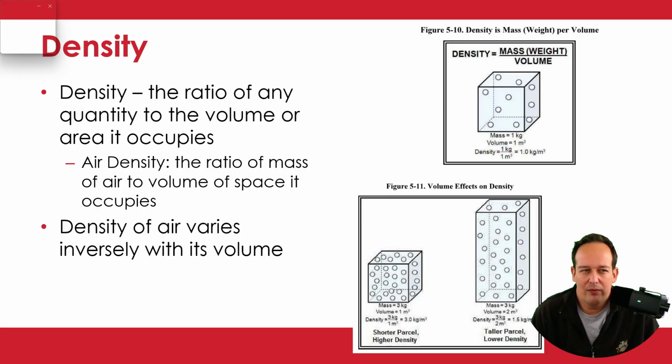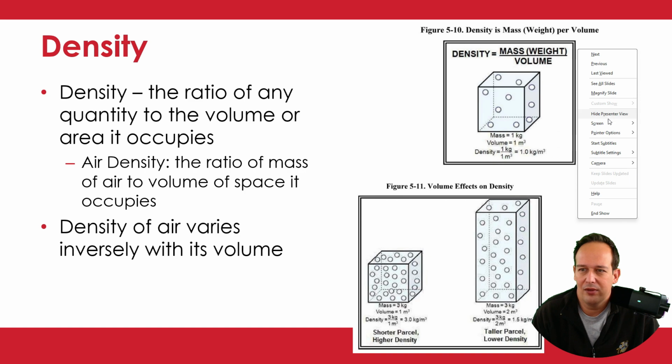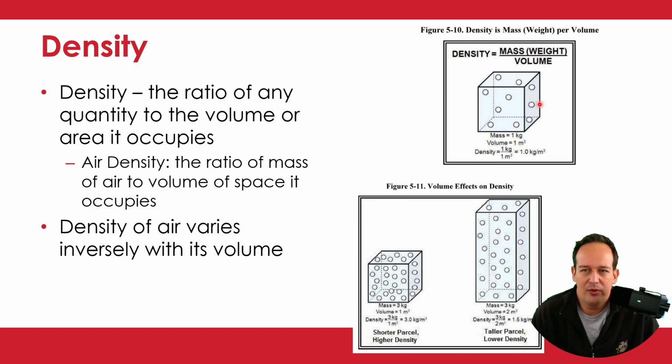Density is the ratio of any quantity to the volume or area it occupies. So air density is the ratio of the mass of the air to the volume of the space it occupies. So when we're looking at these pictures here, I'll go ahead and turn on my laser pointer, and I'll be doing that throughout this video. Here we just have a volume of space, and we have the air particles inside of it.